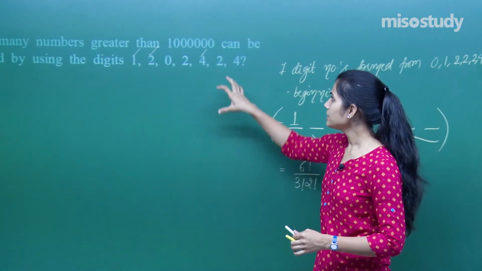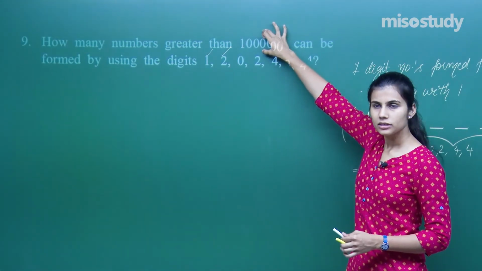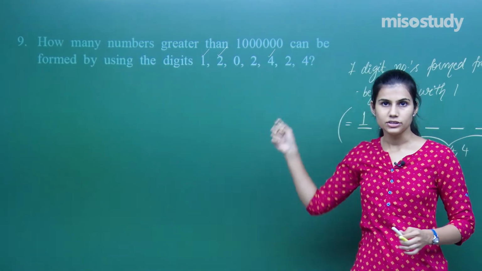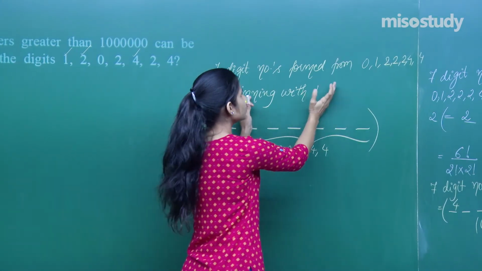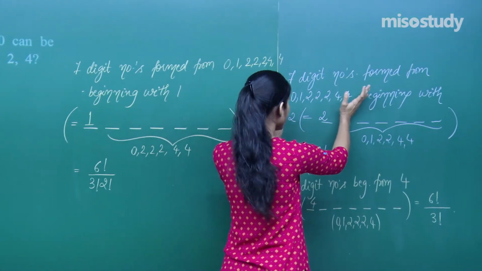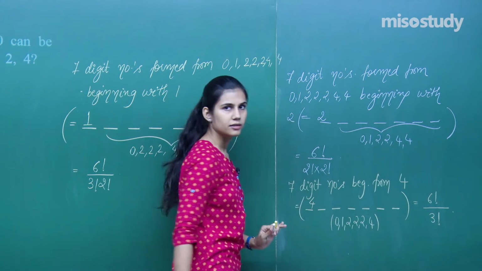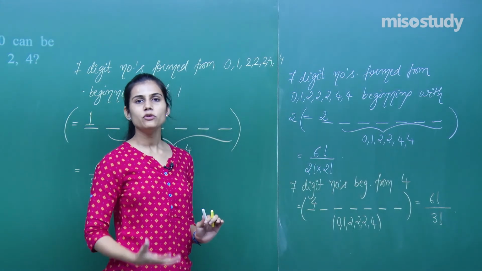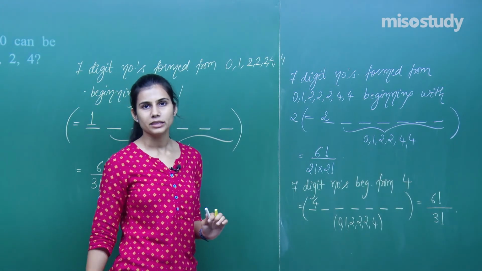You can form numbers greater than the 7-digit number made from these available 7 digits in either this way or this way or this way. So how many ways are there of actually performing the job?